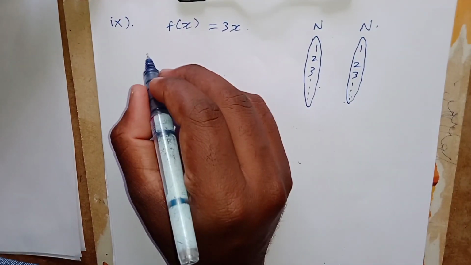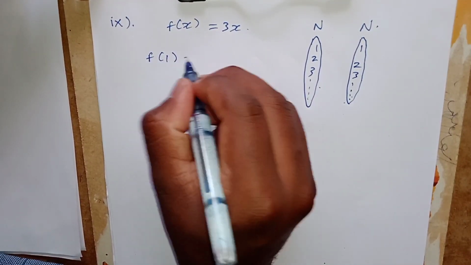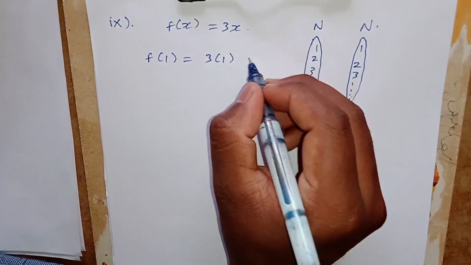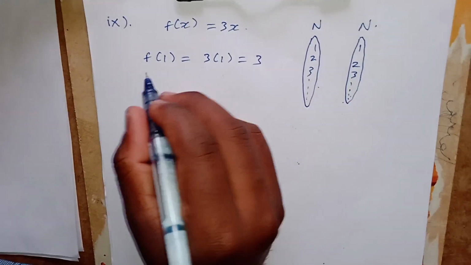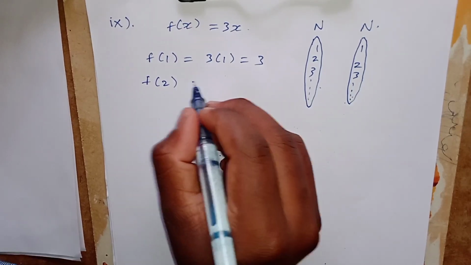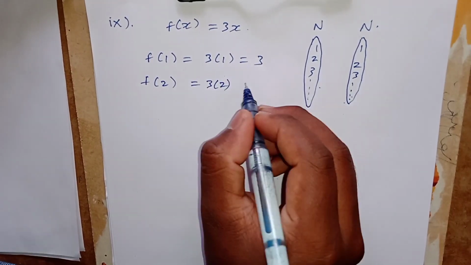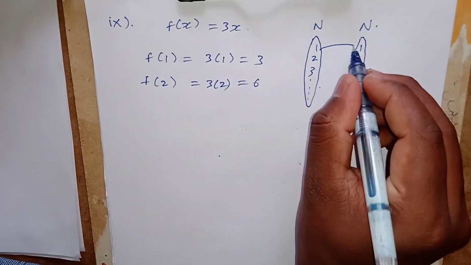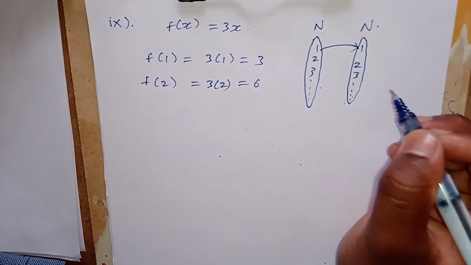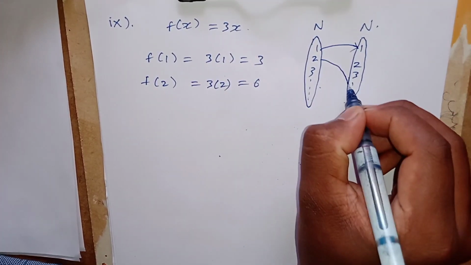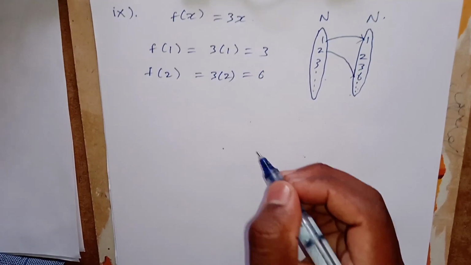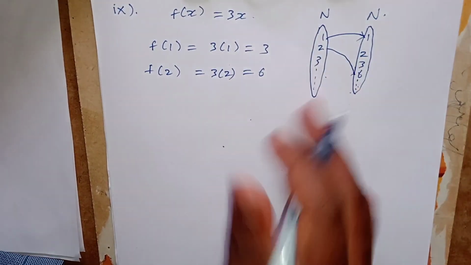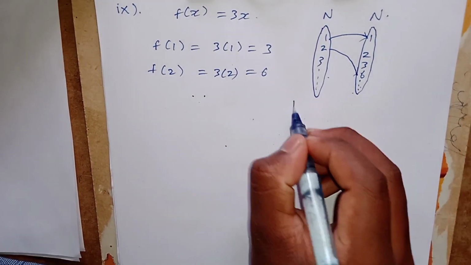Therefore if I am taking f of 1 equal to 3 into 1, you will get 3. Next f of 2, here 3 into 2, you will get 6. Therefore for 1 you get 3 as image, for 2 you will get 6 as image. Therefore here it is a 1 to 1 function.